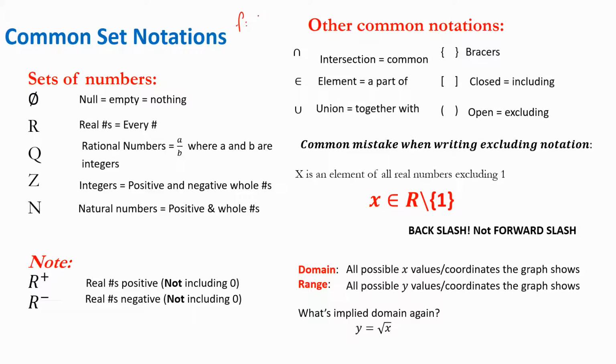F is, I don't have to say that it is R plus to R, comma, f of x is equal to root of x. I don't have to use that notation. I don't have to tell you the implied domain or the actual domain, okay? By just writing f of x equals root of x, you're meant to know the only numbers you can take is R plus, and I forgot something. What am I missing?